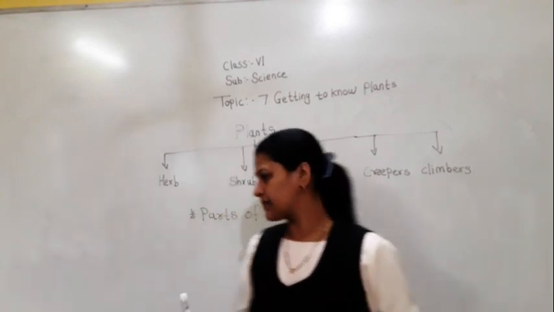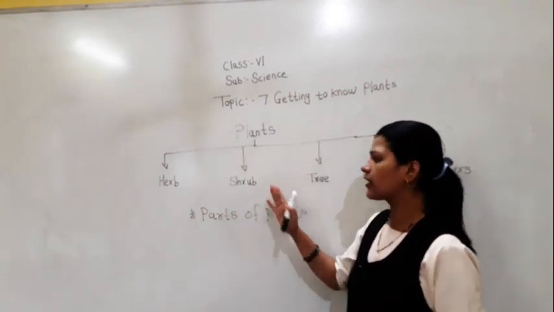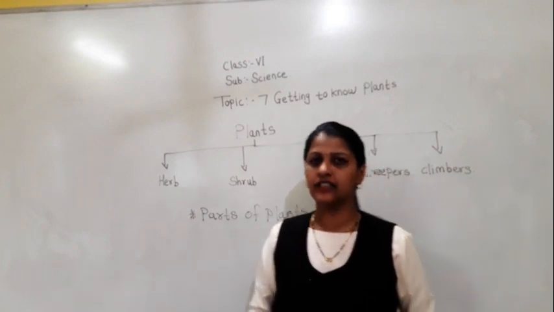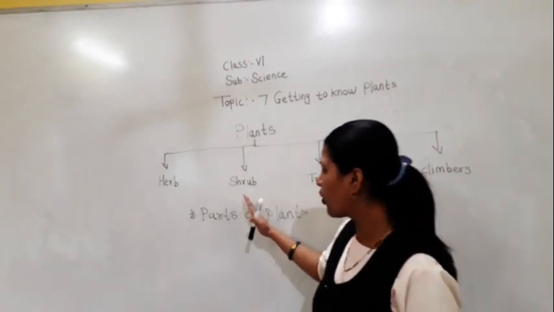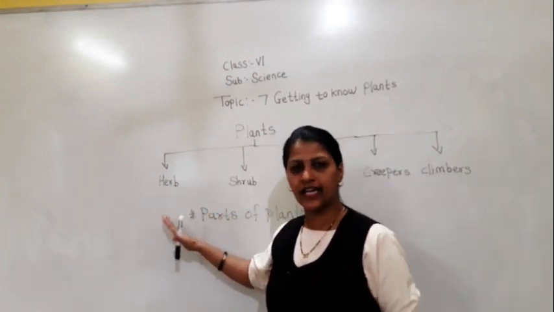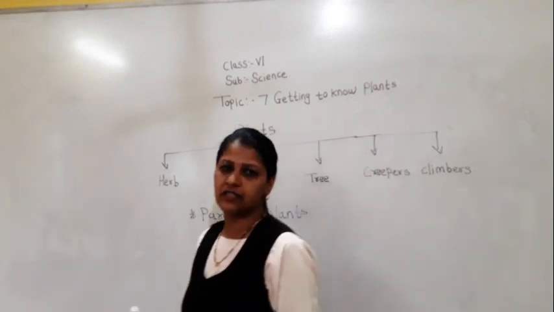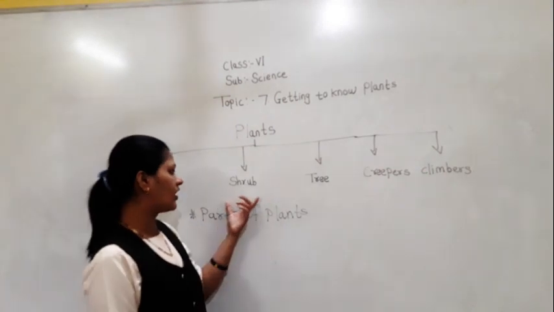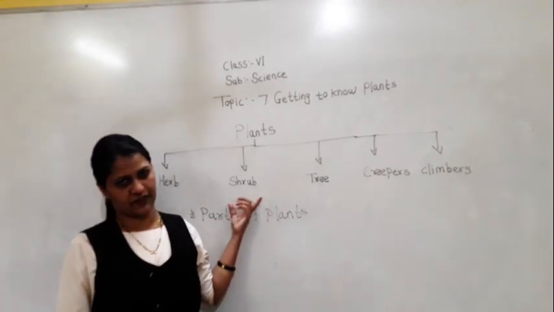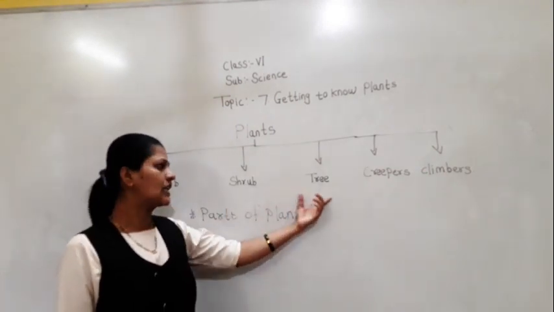The lifespan of the shrub plant is more than the herb but smaller than trees. It does not have a long lifespan, shorter than the tree.